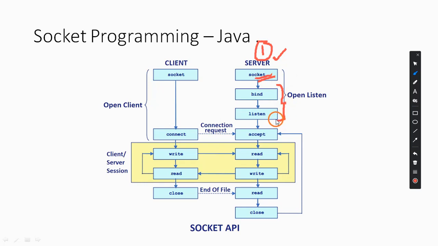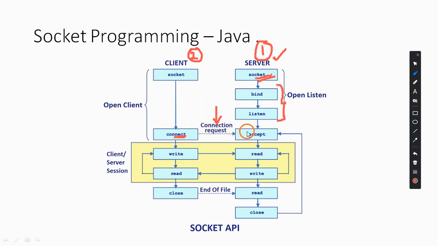By socket I mean a port will be opened and the server will be listening for incoming connections on that port. Now the client will start and it will send a connection request by using the connect call.